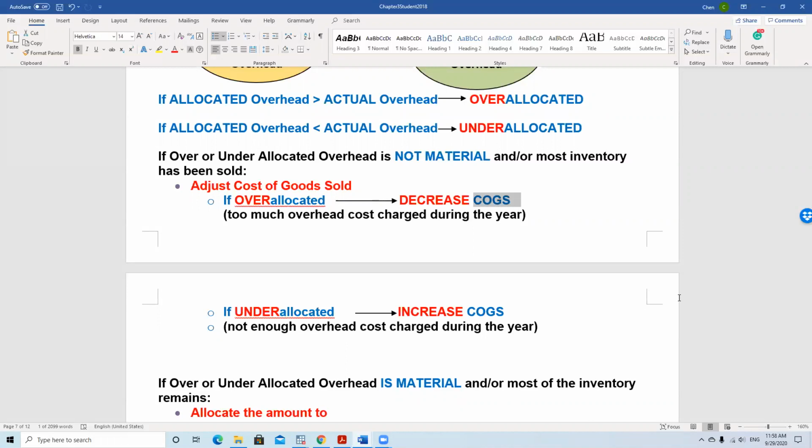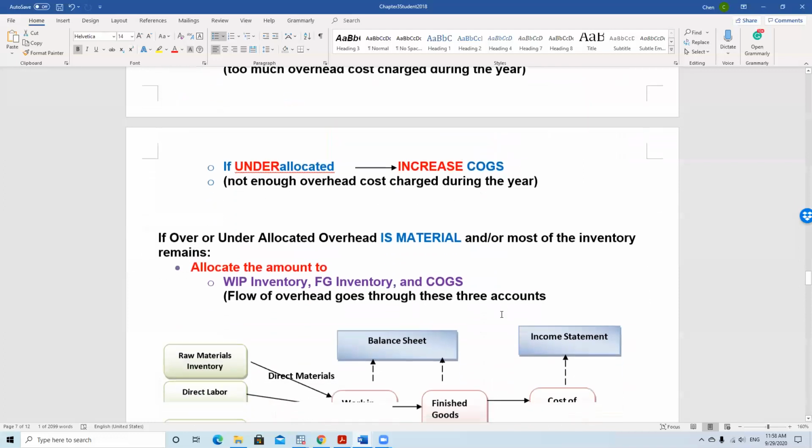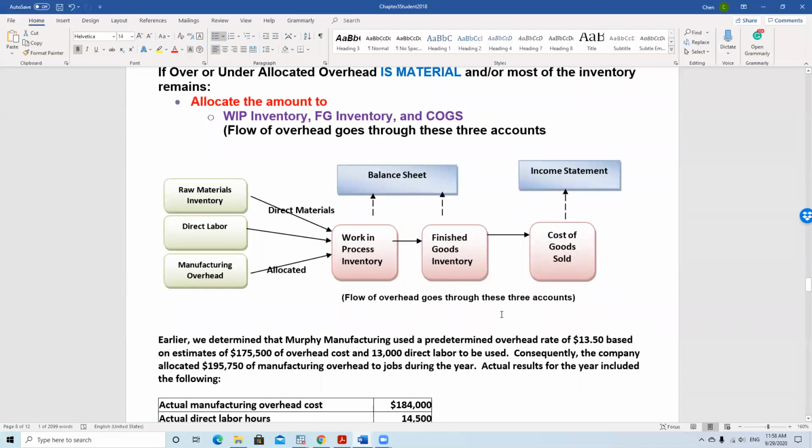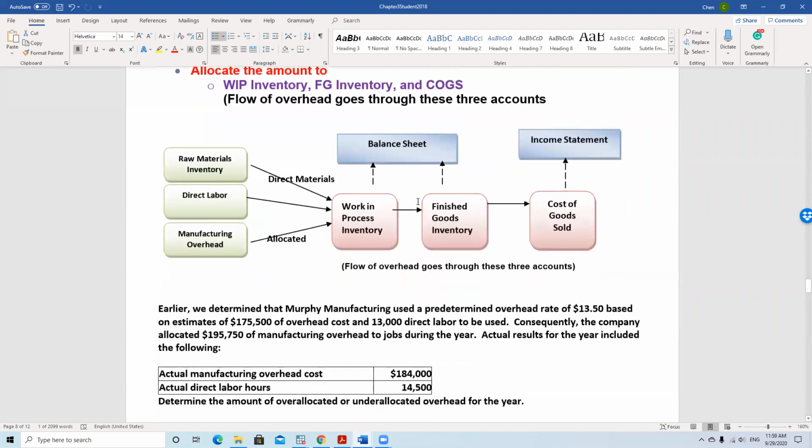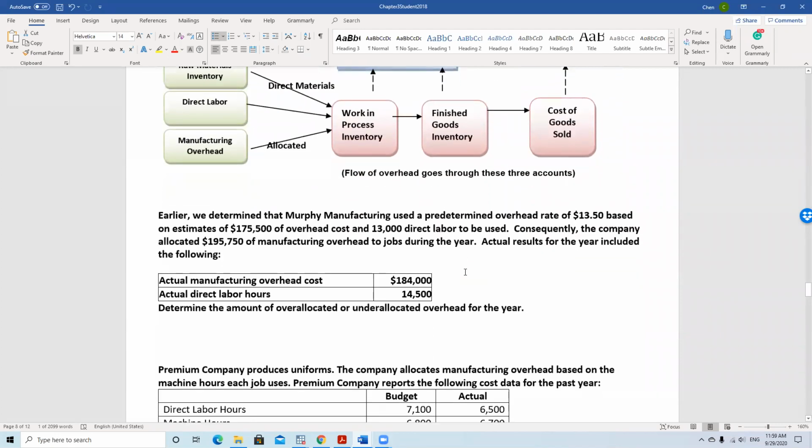And work in progress and the finished goods will contain your manufacturing costs as well as manufacturing overhead. So if over or under allocated overhead is material, or most of the inventory remains, allocate the amount to work in progress and cost of goods sold. So this is the flow, and I just reminded you of that.